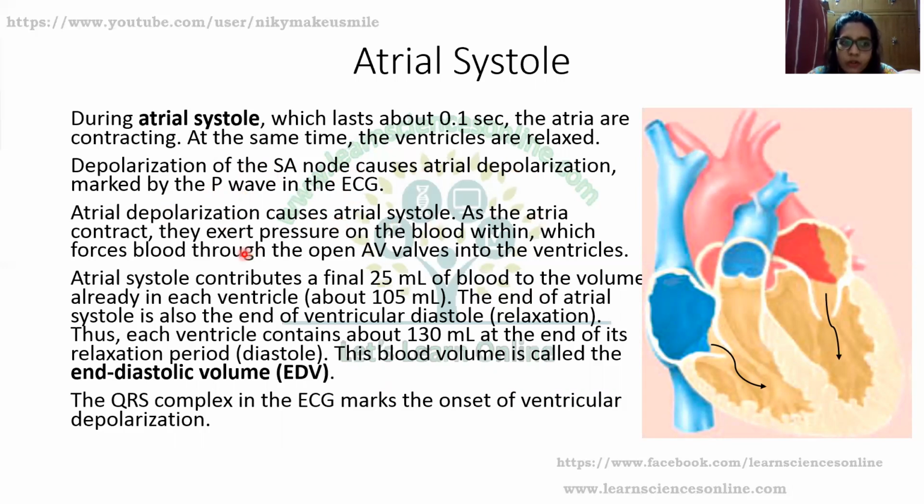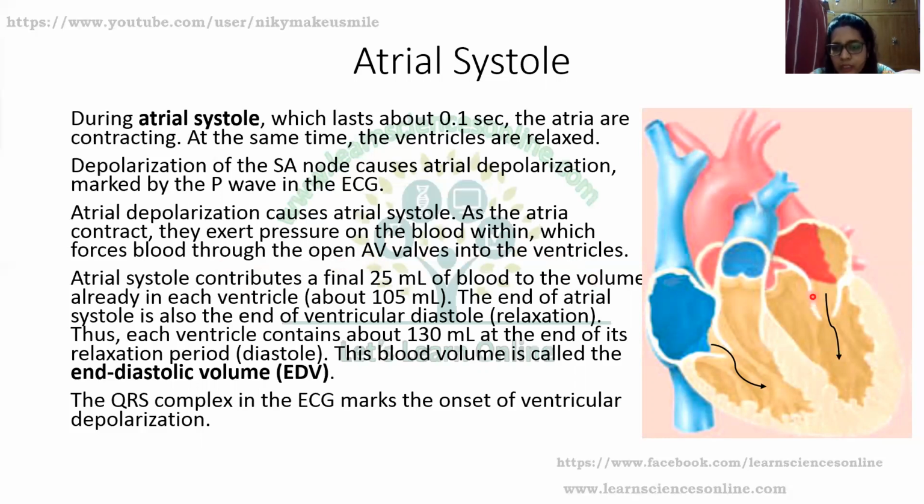As the atria contract, they exert pressure on the blood within, which forces blood through the open AV valve into the ventricles. It is obvious that if the atria are contracting, certain blood pressure is generated inside the atria, which makes the atrioventricular valve open.